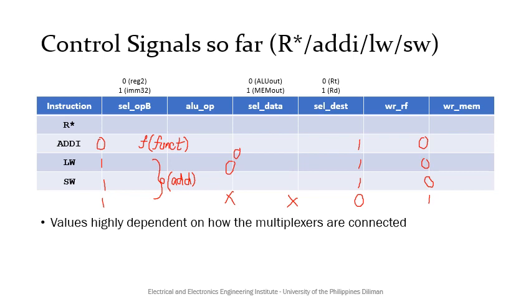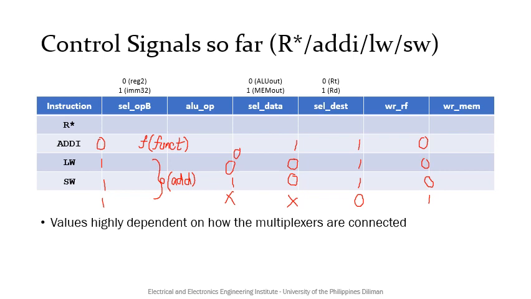However, for load word instructions, the data that must be written to the register file must come from the data memory. Lastly, for R-type instructions, the destination is RD, whereas for addi and load word instructions, the destination must be RT.